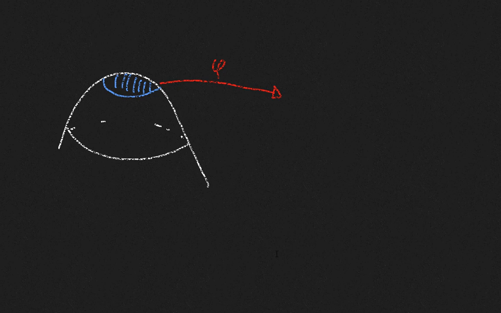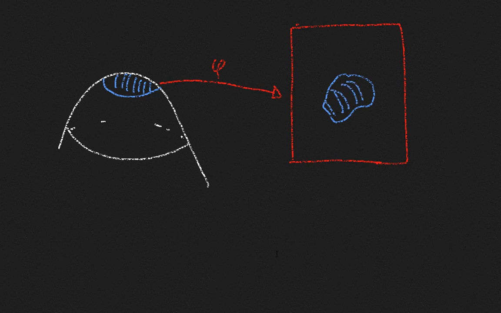So it's a map into Rk, which sends this small piece of your manifold into an open set in Rk.